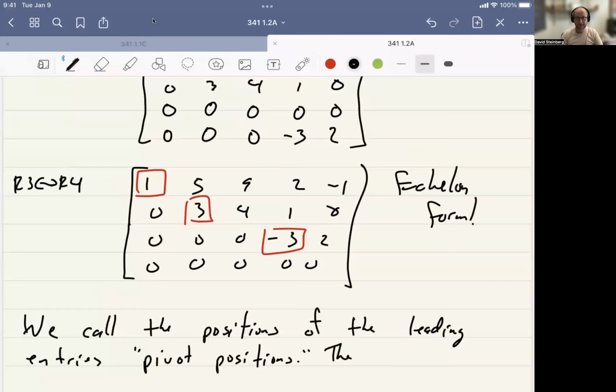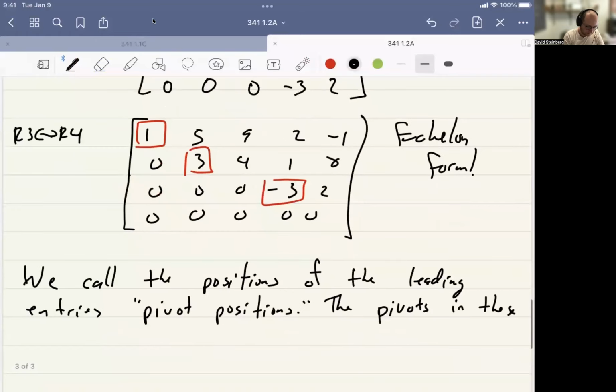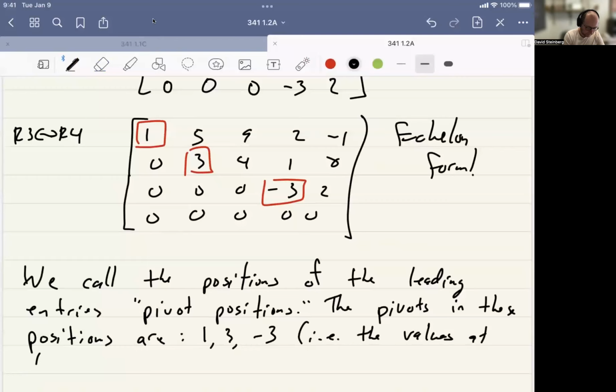The pivots in these positions are 1, 3, and -3. So those are the values at these positions. And then the columns containing the pivot positions are called pivot columns.